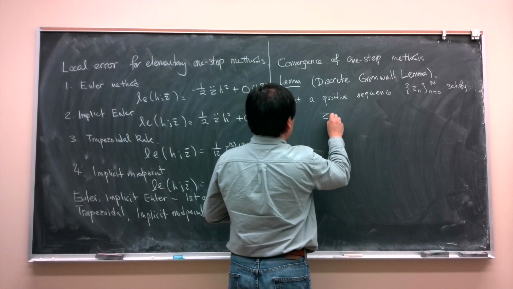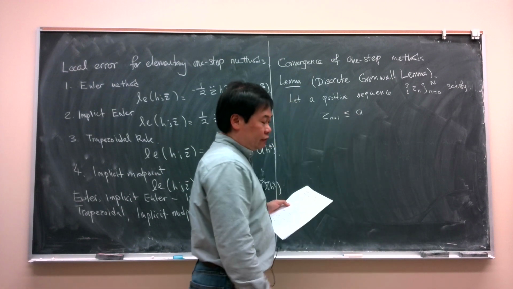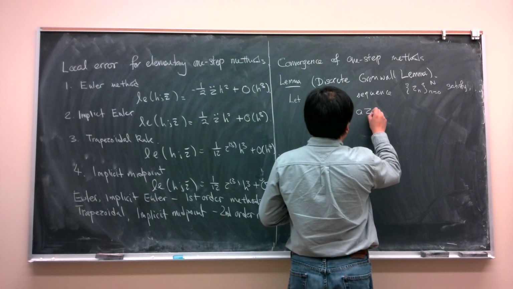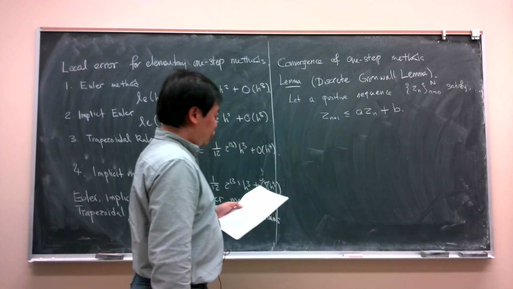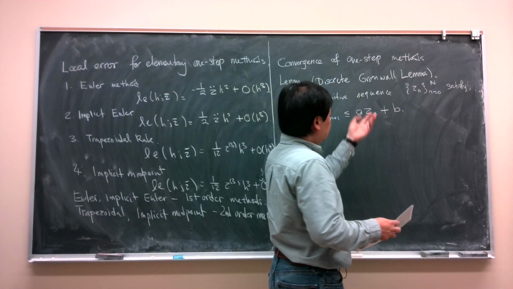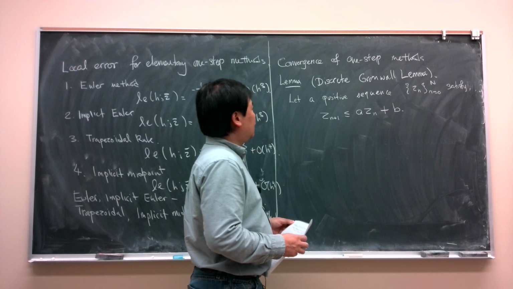So Zn plus 1 is less than or equal to some amplification of Z at the previous point plus some additional error.